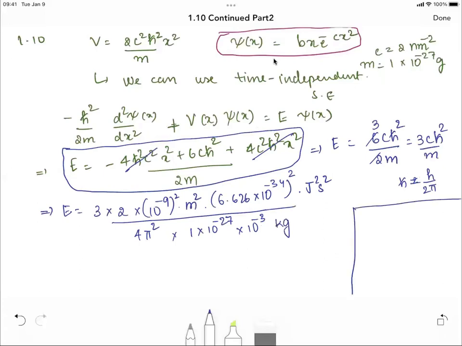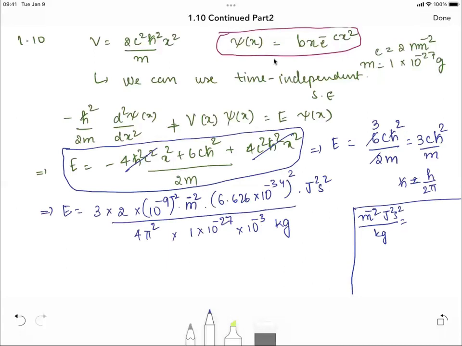Now let's see how the units work out. Here we have nanometer to the power negative 2, so we have meter to the power negative 2 joule squared second squared per kg.